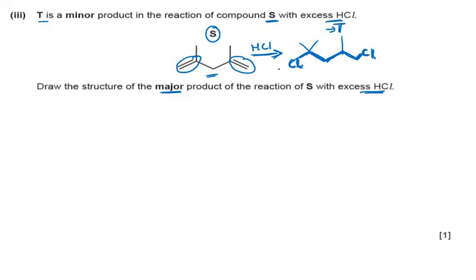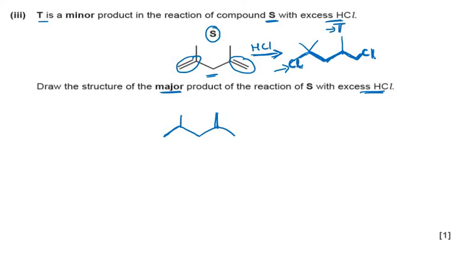And so we can say that chlorine is added to the double bond, making it a single bond. So the major product will be, here I am drawing the structure, and I am removing the double bond from compound S and drawing without the double bond. Why? Because the double bond is broken down when compound S reacts with the HCl.